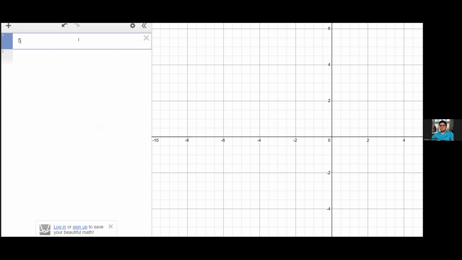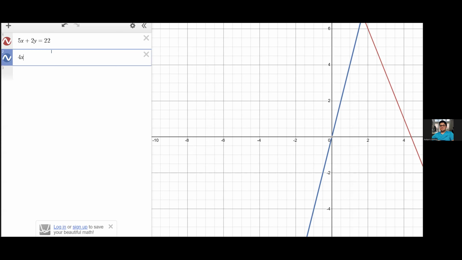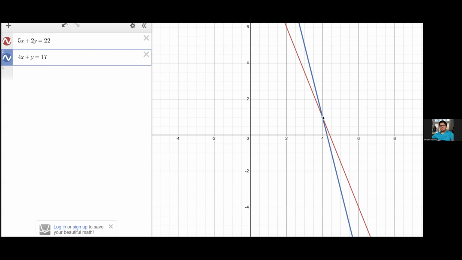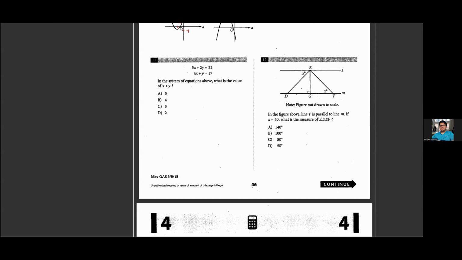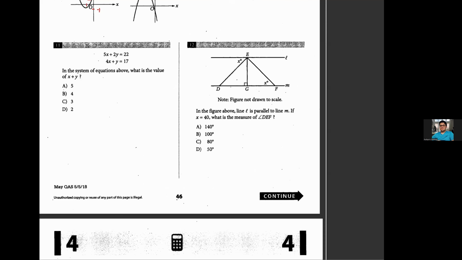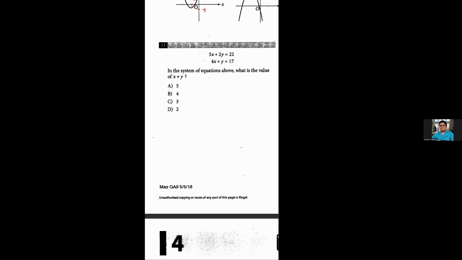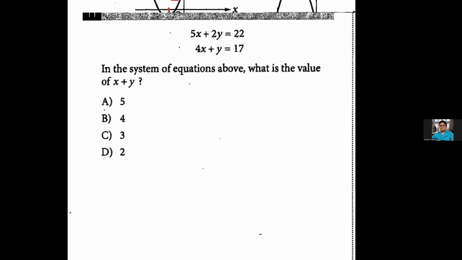You could also solve this by hand if you wanted, but you can make a mistake that way. So the intersection point is 4, 1. So in the system of equations, what is the value of x plus y? That would just be 4 plus 1, which is equal to 5. So the correct answer is A.